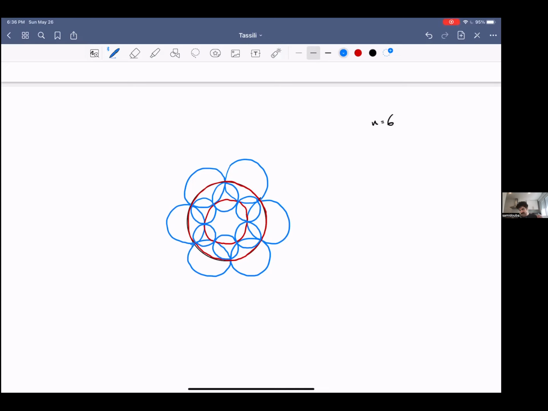And as n goes to infinity, it's an exercise in Euclidean geometry that the ratio of the Euclidean diameters of these two circles goes to 1.